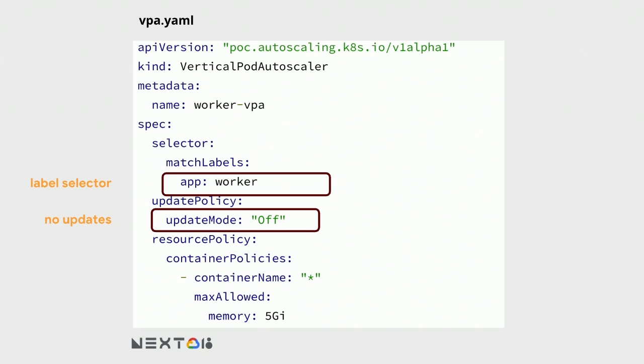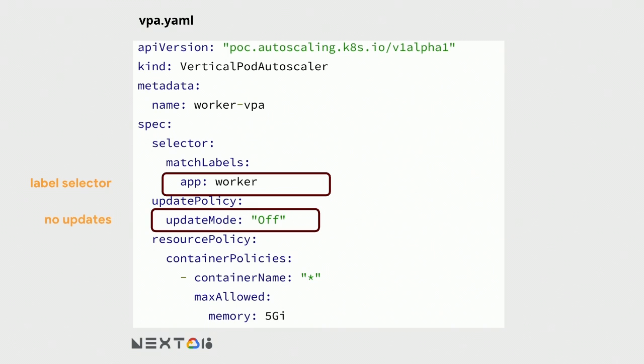In this case, it's AppWorker. Now, the next important piece of configuration here is the update policy. So in this case, I set the update mode to off because all I want is to see VPA's recommendations. And well, I'm hoping that this will give me some more clues about what's going on in the system. As a reminder, we can also set the update mode to auto. In which case, the vertical pod autoscaler would do the rolling update of all my pods that are matching the label query and recreate them, basically killing them and letting them be scheduled again with the new resource requests.